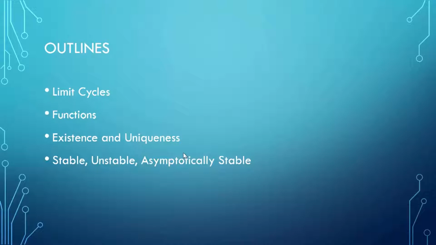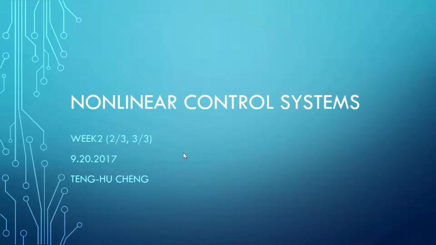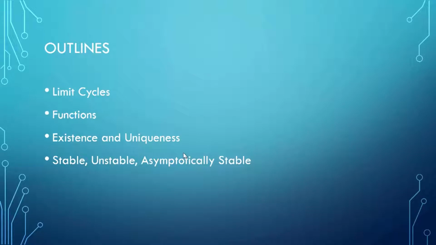The reason we talk about functions is that an ODE is a kind of function. There are many properties to be discussed. And next will be the existence and uniqueness of solutions. And remember, as I said in the first class, for nonlinear differential equations, usually the solution is hard to solve, right?